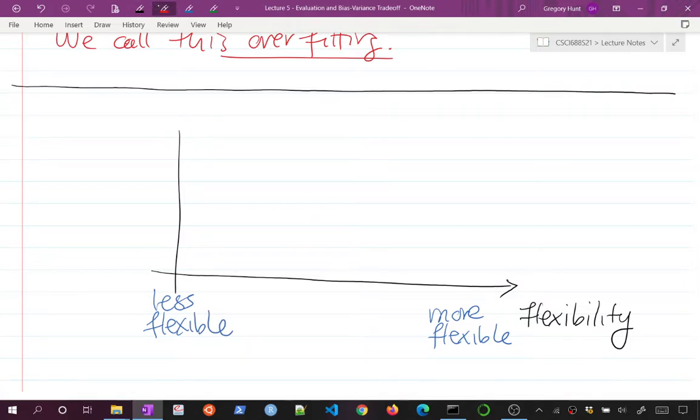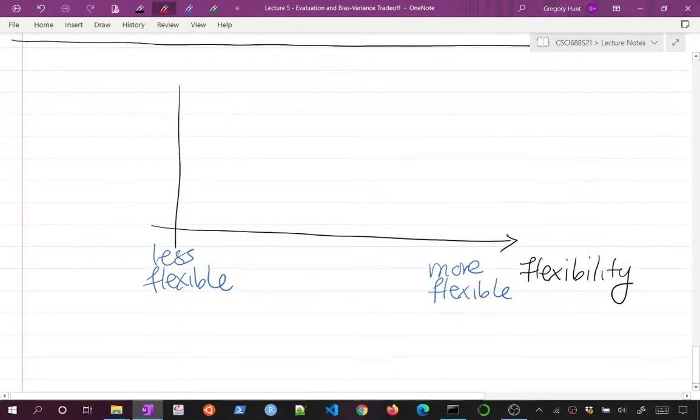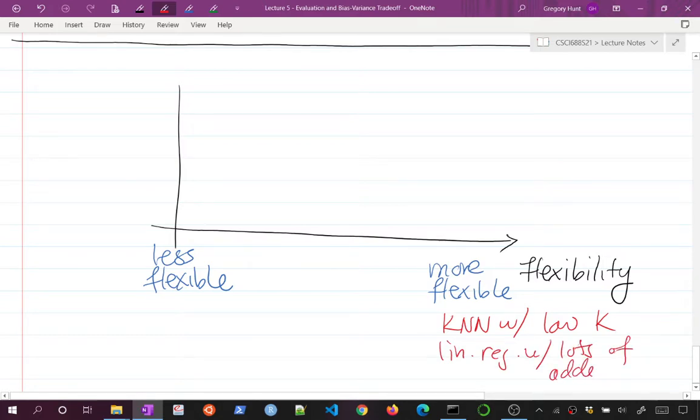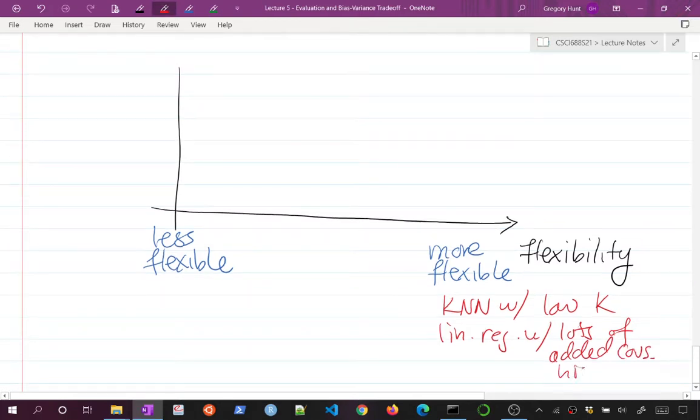And so, for example, more flexible is KNN with a low value of K, or linear regression with lots of added covariates. That is, a high value of P.